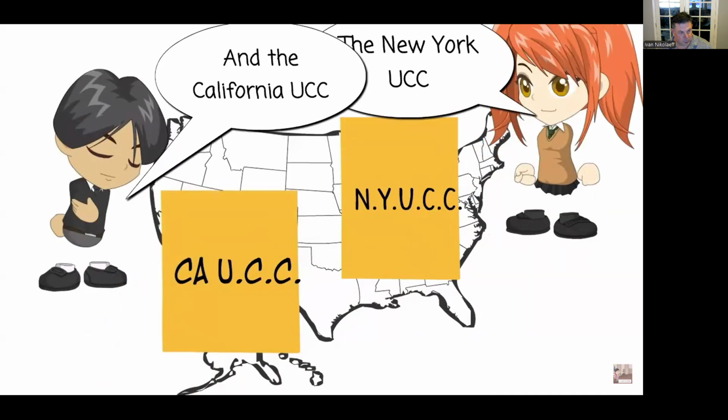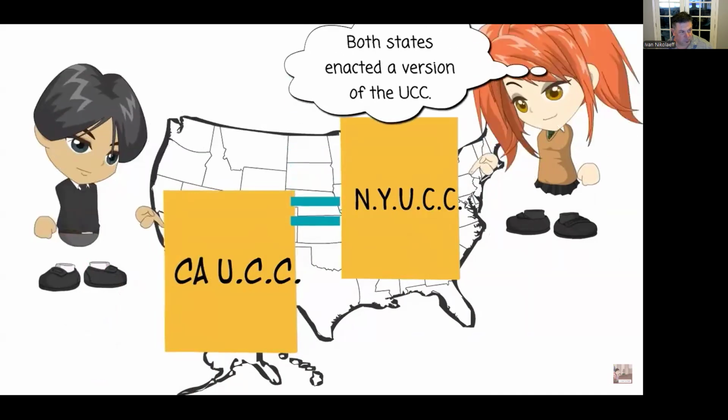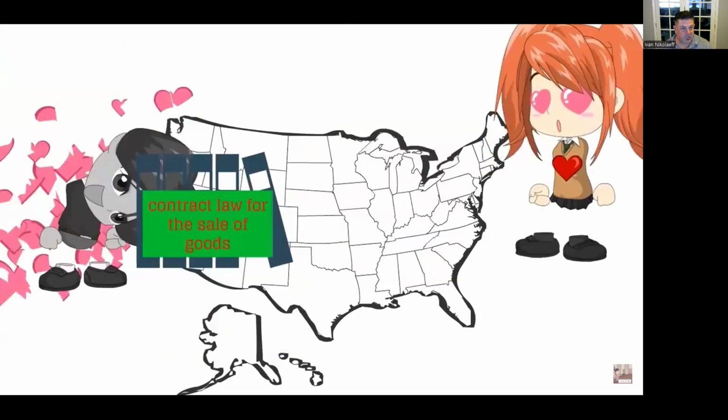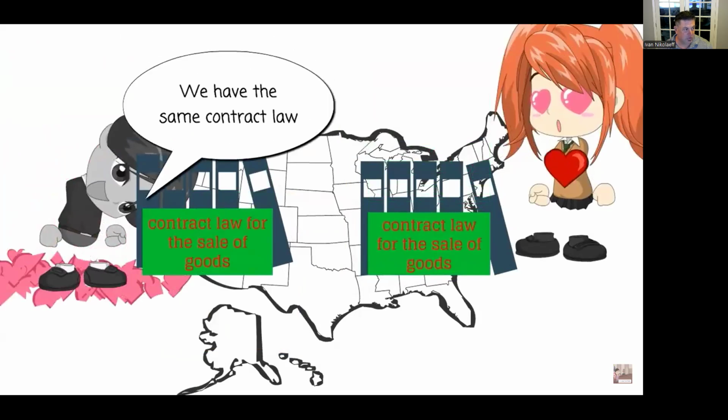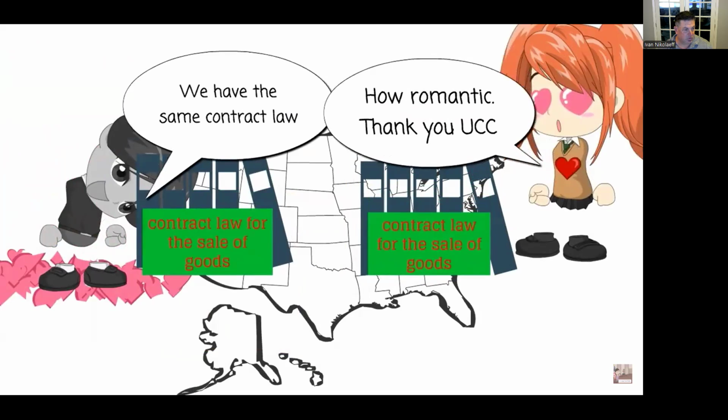It's just each state's version of the Uniform Commercial Code. By and large, the California Uniform Commercial Code, the New York Uniform Commercial Code, and other states' uniform commercial codes will be the same. So if we have a contract for the sale of goods and parties from different states, they can be confident that the same law is going to apply.